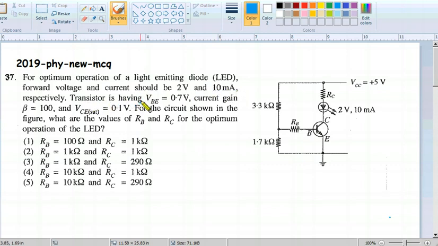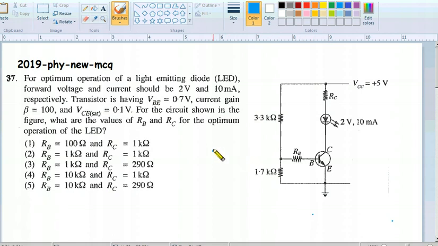Transistor is having V base emitter equals 0.7 volt, current gain beta 100 and VCE saturated equals 0.1 volt. For the circuit shown in the figure, what are the values of RB and RC for the optimum operation of the LED? So there are 5 answers. So let's try to solve this problem.